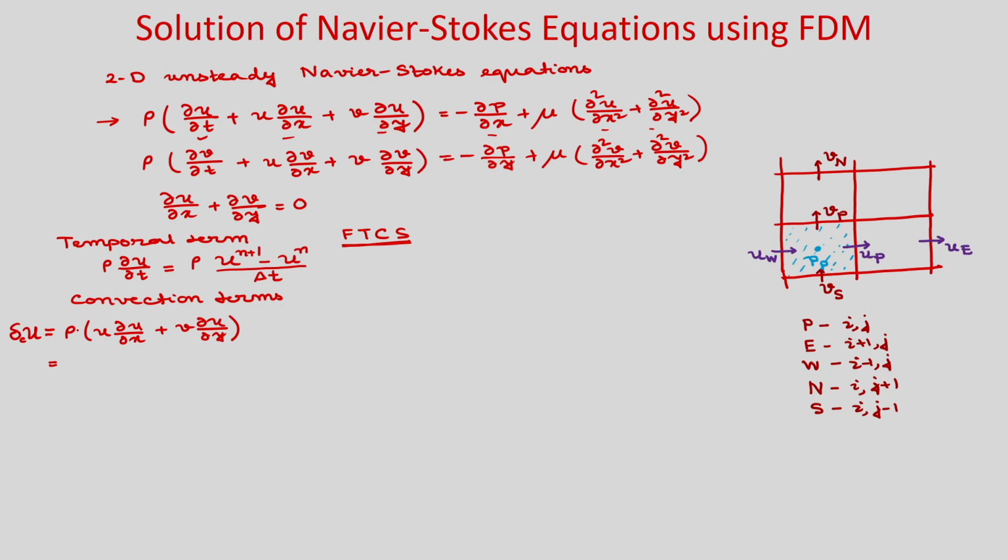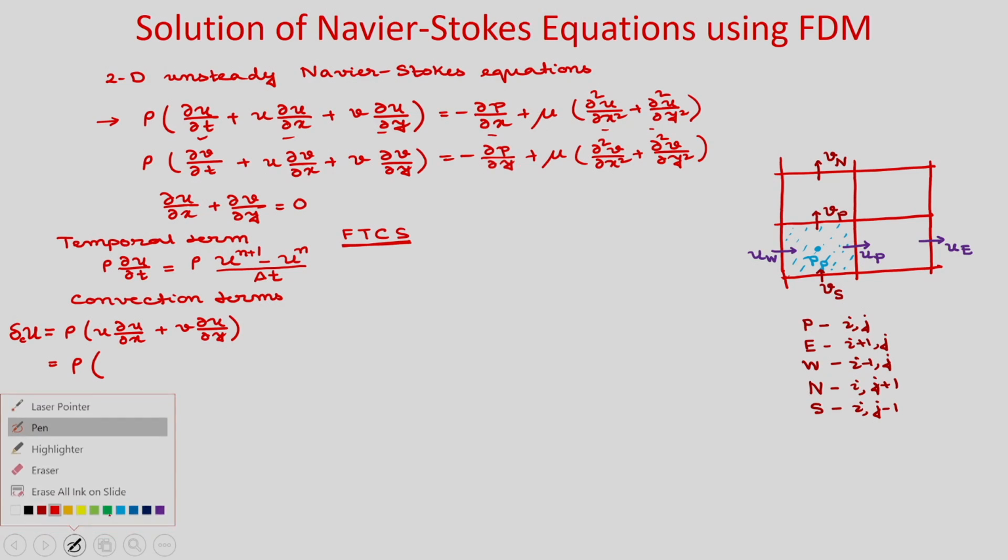So, let us write it. The first term is u del u by del x. For which control volume? The u cell is this one. So, now we are discretizing these u momentum equations.